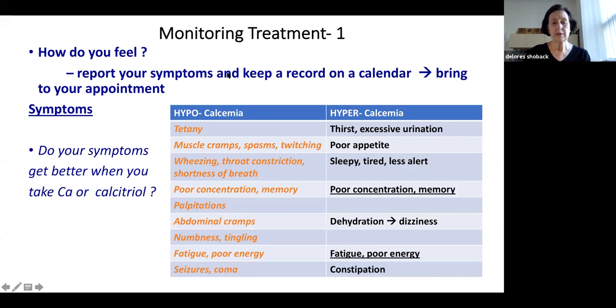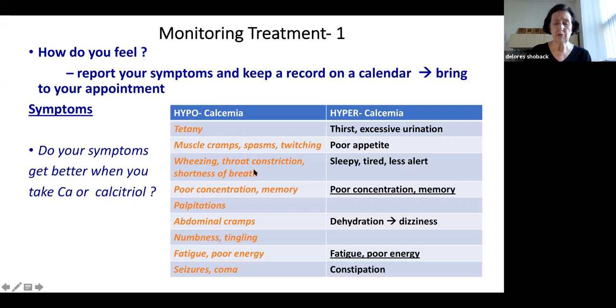I put together 2 lists here, and we've gone over the ones for hypocalcemia in the last lecture. The tetany, the involuntary muscle contractions that are painful, the muscle cramps and spasms and twitching, these are all part of severe hypocalcemia.